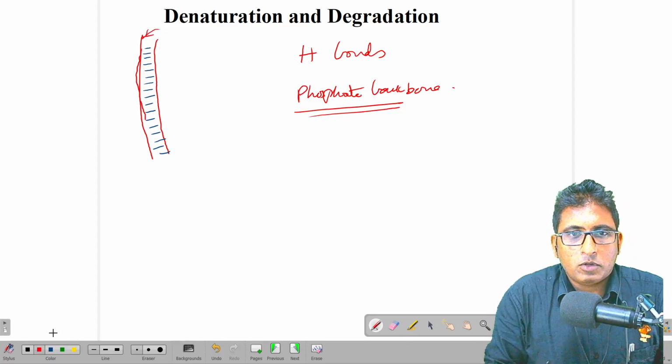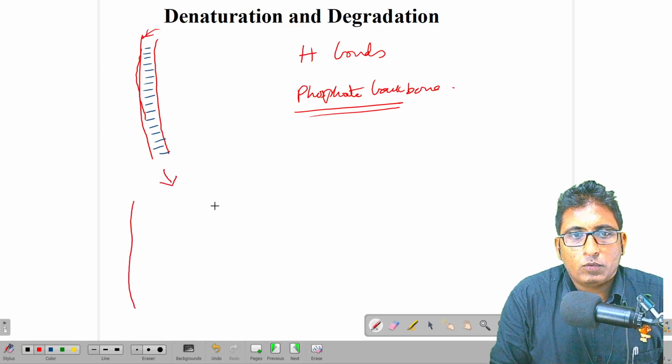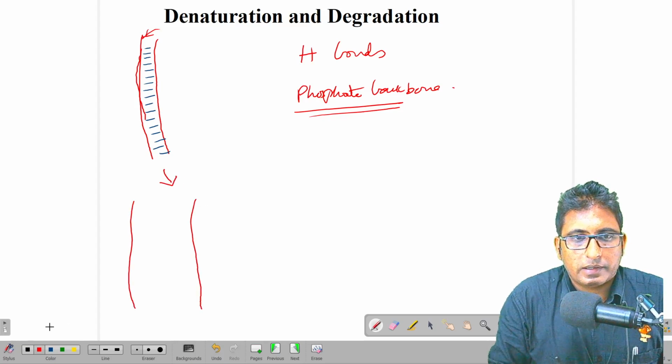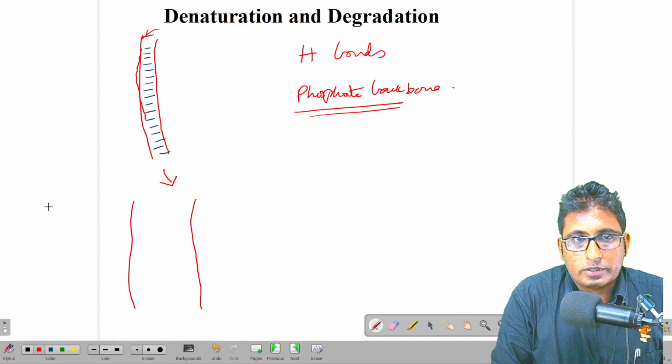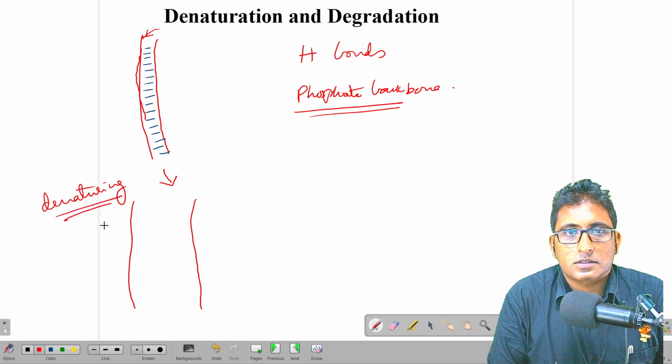So if a DNA molecule has denatured, it would have become single strands like this. That is called denaturation. In this case, the bonds that were broken are the hydrogen bonds.